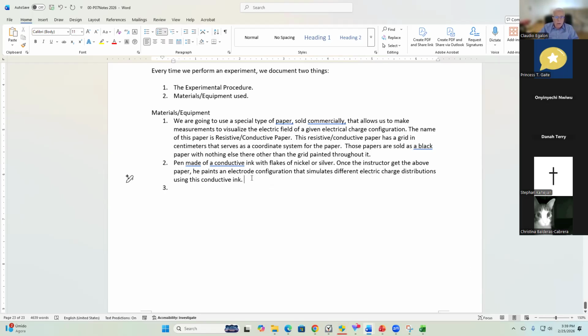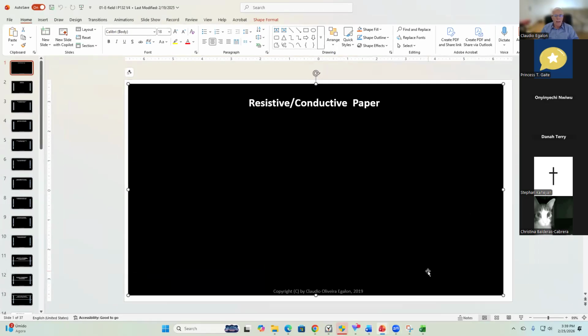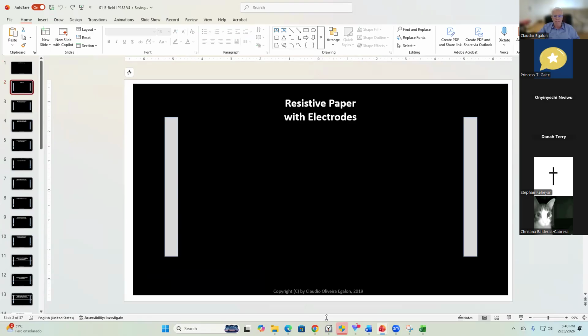In the case of this lab, the electrode configuration will be that of two parallel plates. And when I paint this paper with the conductive ink, we end up with something like that.